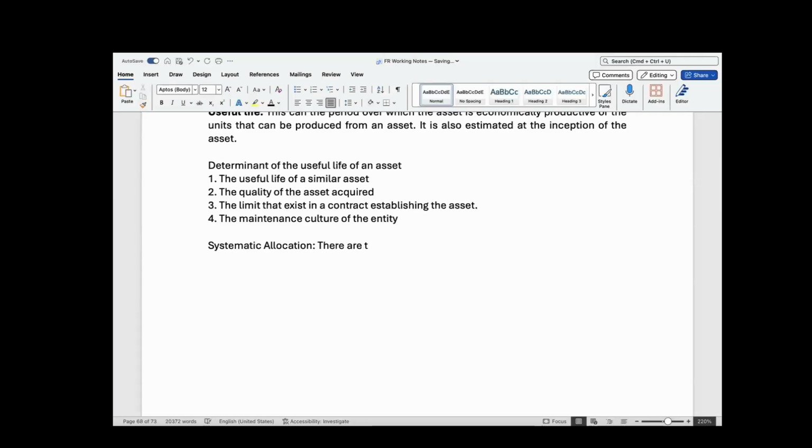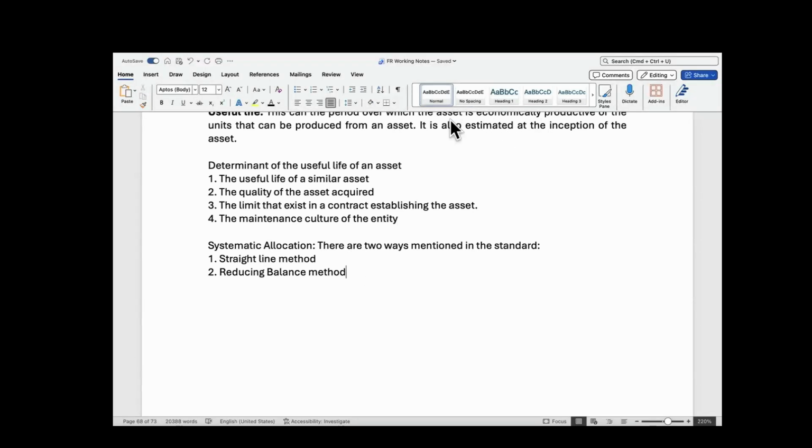There are 2 ways mentioned in the standard for systematic allocation. Number 1, the standard calls that straight line method. And number 2, the standard calls that reducing balance method. So these are the two ways mentioned in the standard.